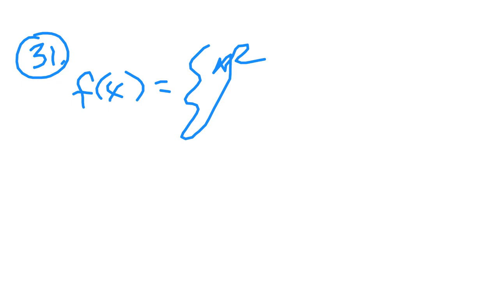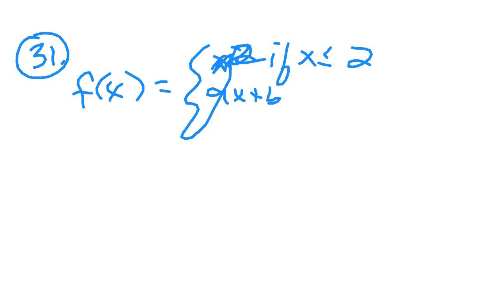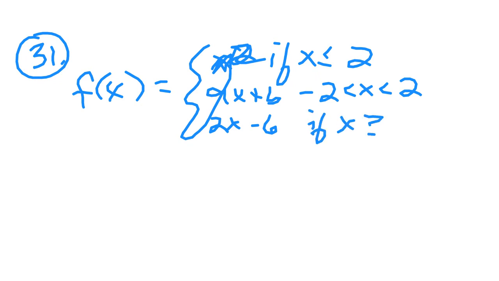Number 31. So we have f of x equals x squared if x is less than or equal to negative 2, ax plus b if negative 2 is less than x is less than 2, and 2x minus 6 if x is greater than or equal to 2.